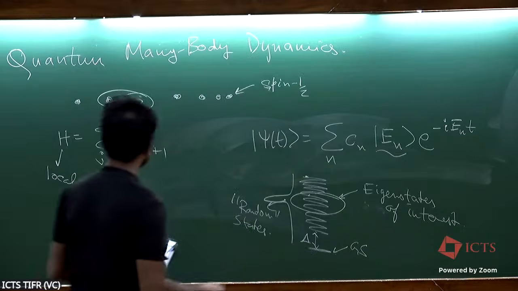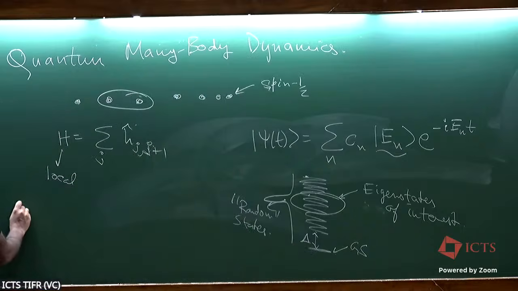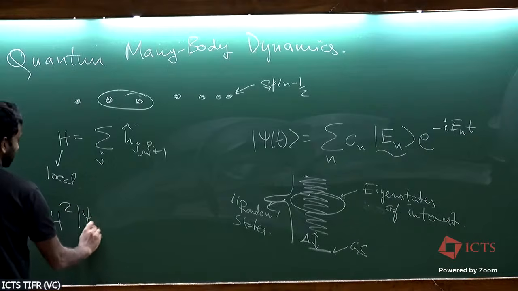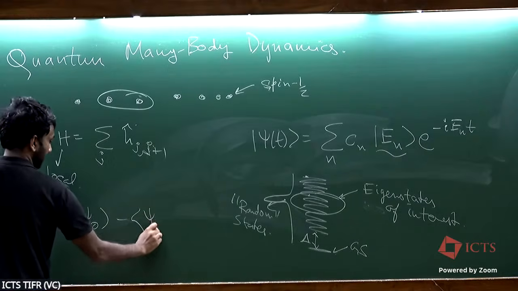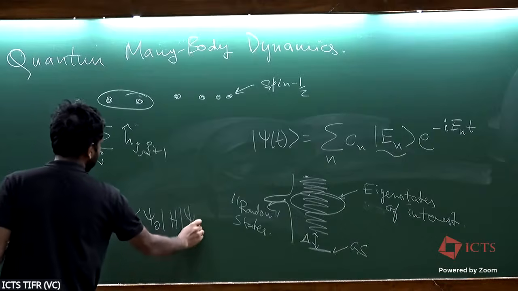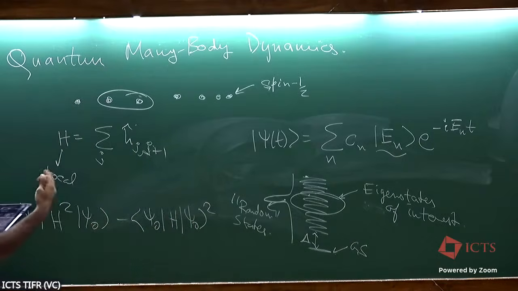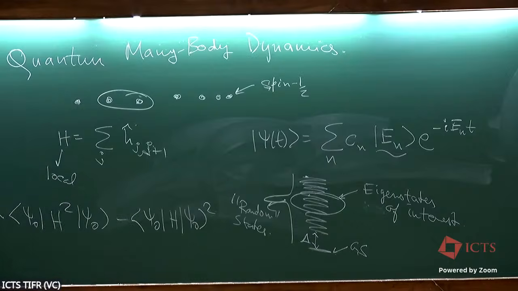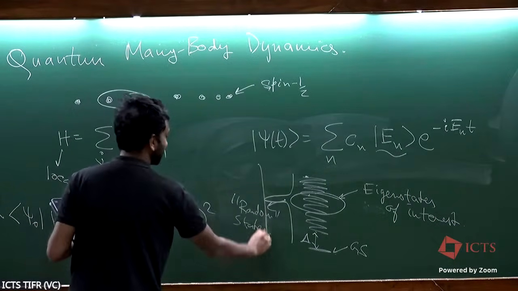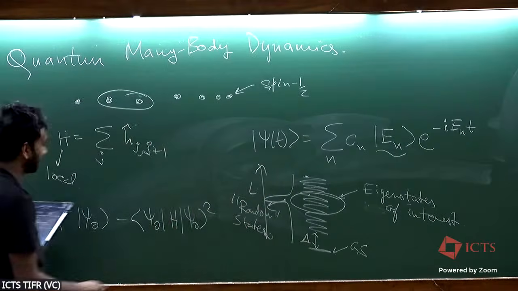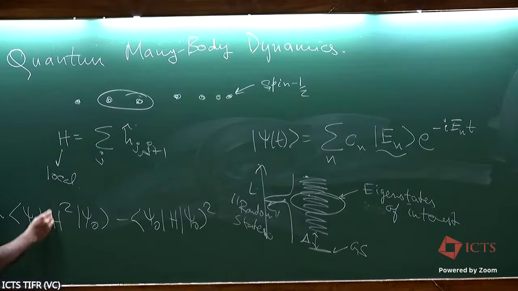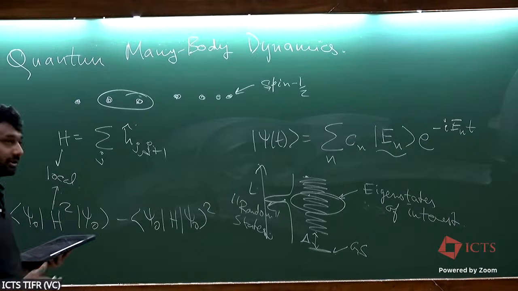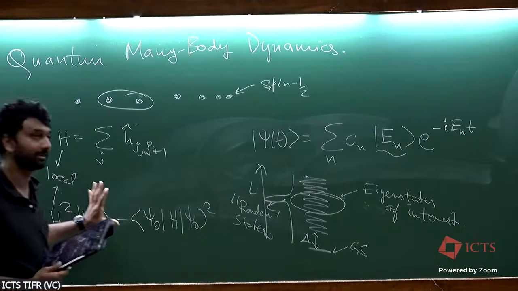The way you do that is you compute the variance of, so something like this, and you show that this variance does not scale proportional to the bandwidth. I think this variance scales as square root of L, whereas the bandwidth scales as L. And this follows just from the assumption that this Hamiltonian is local and the initial state is simple.